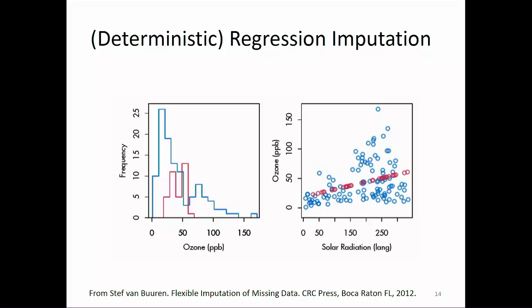You fit a straight line through them, and then you fill in your missing data on the straight line. Okay, so it solves, quote unquote, the relationship problem, but it's still got the same issue as the very first approach. You're severely distorting the distribution of your data. So this is not ever recommended to do in practice.